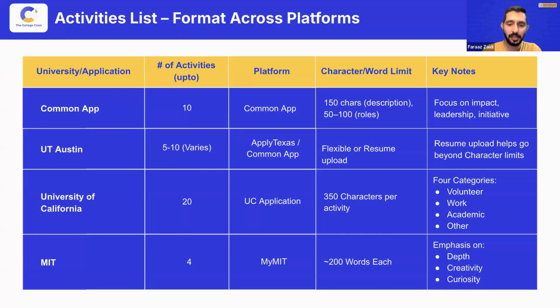So the key takeaway here is, even though all these platforms want to understand what you are beyond your academics, they ask in different ways. Some give you a different kind of space and different word requirements, while a few would take you into much more detail, but ask for fewer activities.